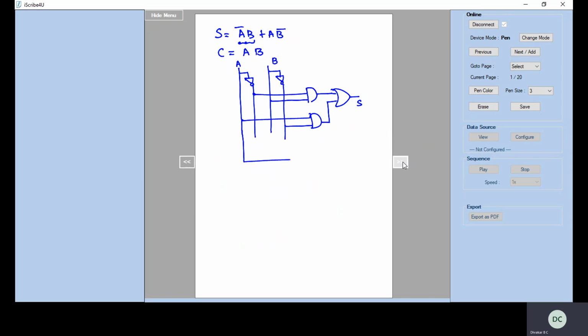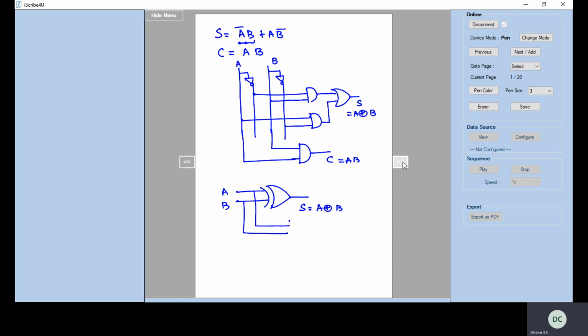The carry expression is AB, so we make use of the AND gate. The carry expression is AB and the sum expression is A XOR B. You can even construct it using an XOR gate, that is A XOR B. The sum expression is S equal to A XOR B and the carry expression is AB.